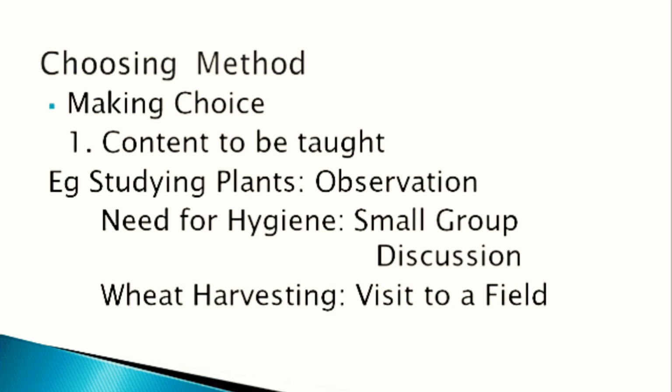Similarly, if I want to know what the need of hygiene is, then a small group discussion will be an appropriate method wherein children in the classroom will discuss the need of hygiene. In another case, if children want to know how wheat reaches us, in that case a visit to a wheat field is a very good method.